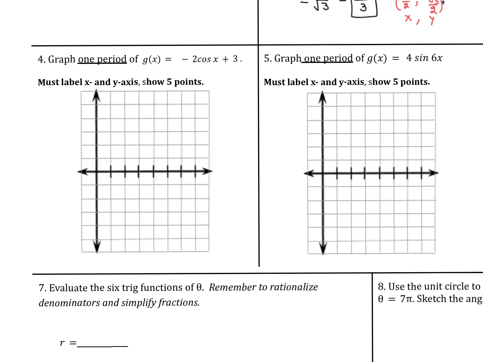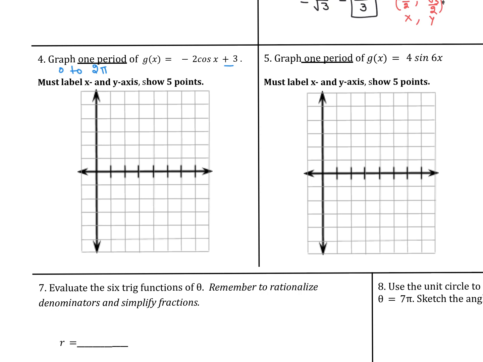1 period means 0 to 2 pi. 0 to 2 pi is called 1 period. The highest point is always negative 1 to 1, but in the cosine where it says plus 3, the line of the x-axis is moved 3 units up.